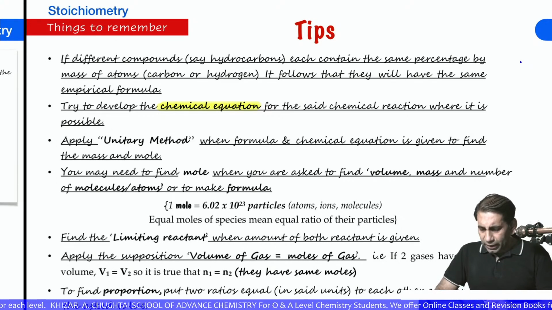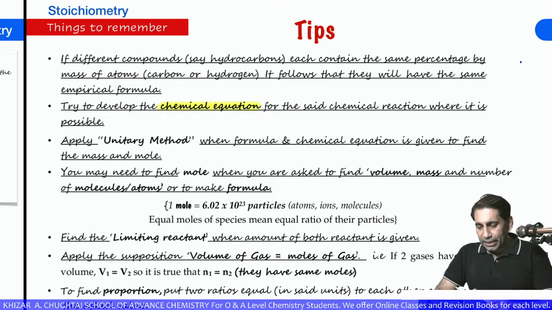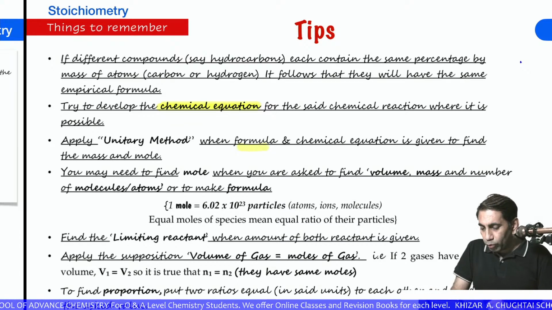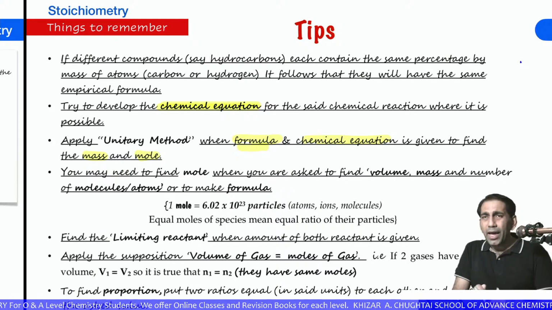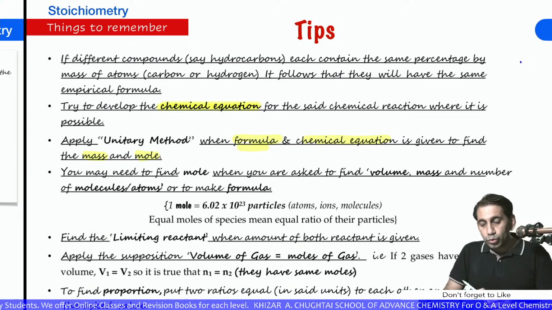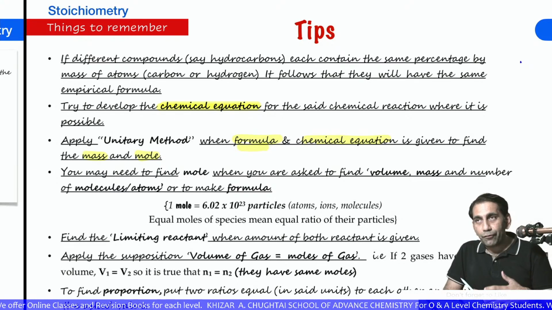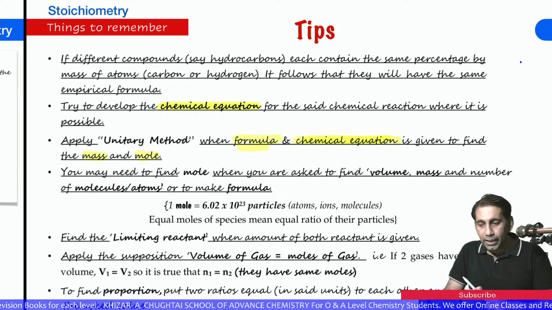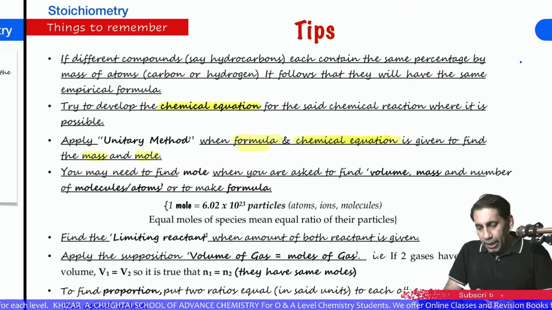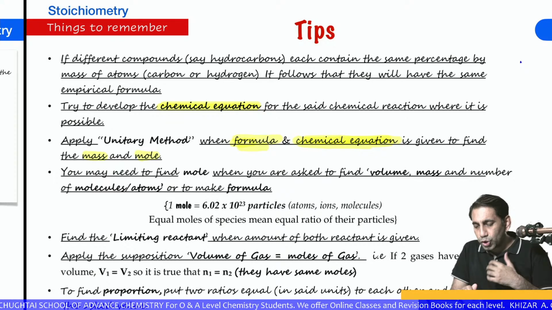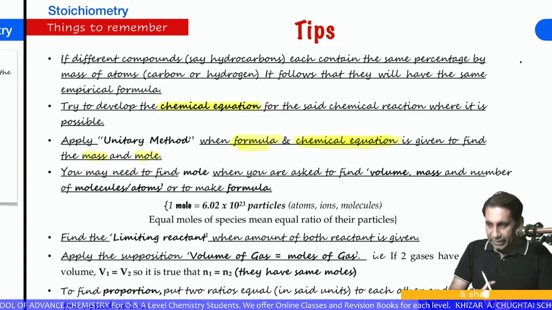Apply the unitary method. That is the typical method, as I told you. Whenever you are going to deal with the formula, the chemical equation, the mass, the mole, you may use the unitary method. If you are going to find mass or find a formula, and the chemical equation is given, or the formula is given, then the easiest method to solve the question is the unitary method.